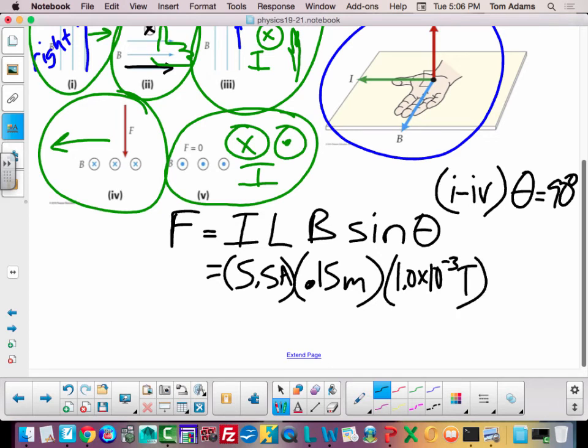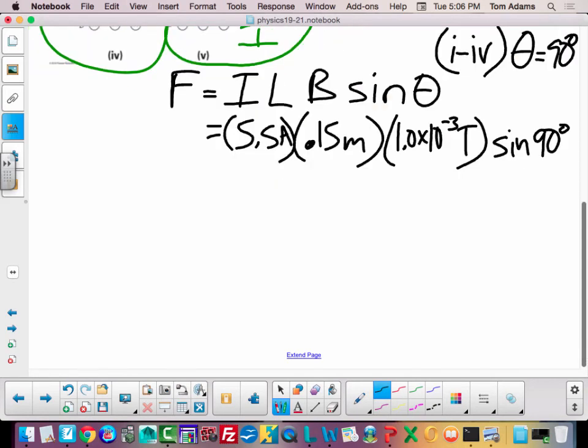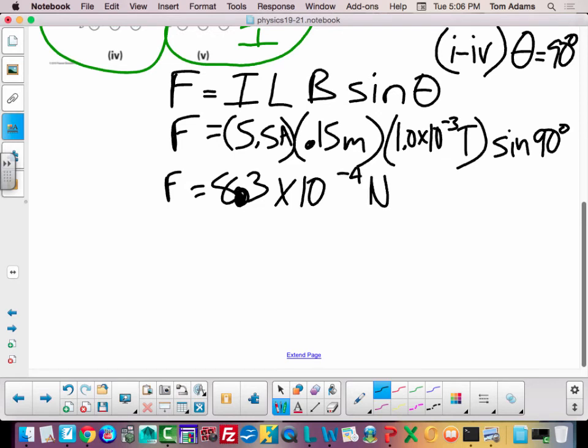And then sine of 90, which is 1 if I remember correctly. Plugging all that into my calculator, I get 8.3 times 10 to the negative 4 newtons.